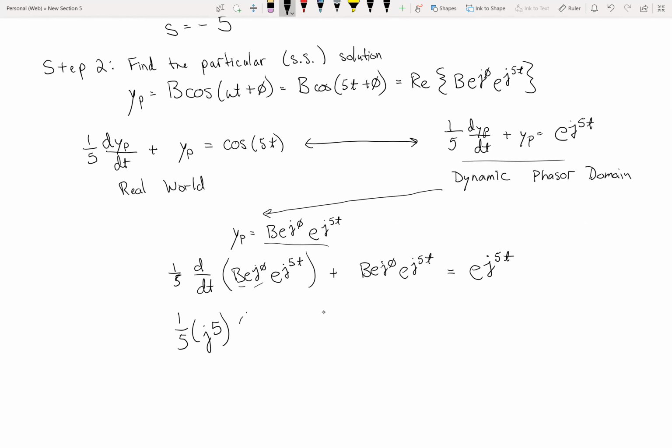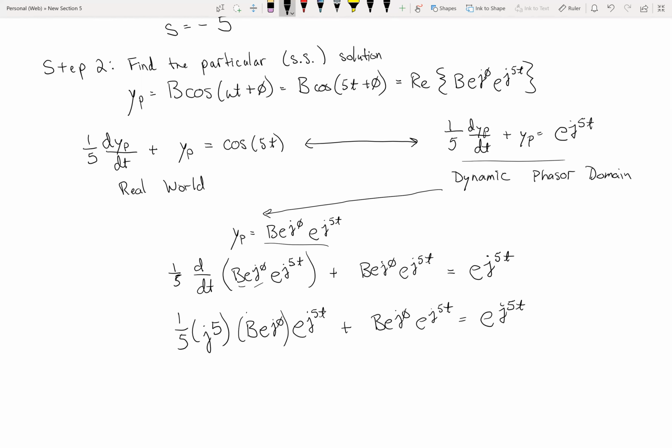So that's times b e to the j phi e to the j 5t plus b e to the j phi e to the j 5t equals e to the j 5t.